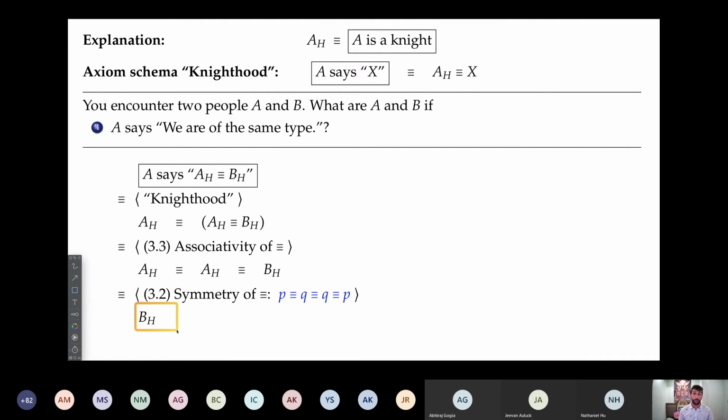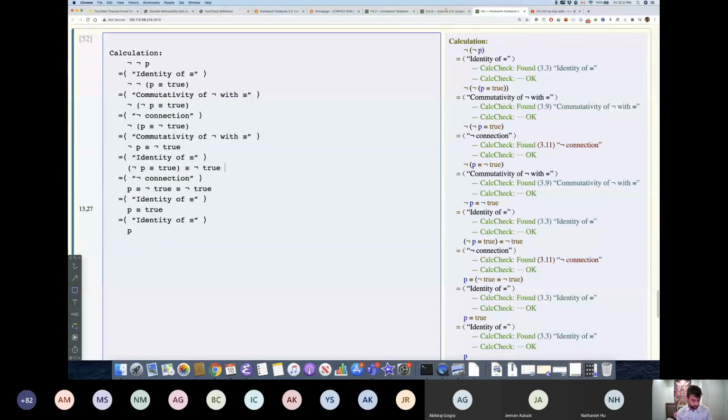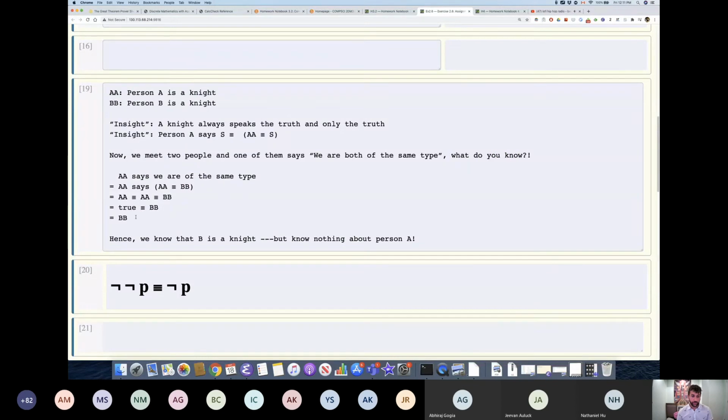Now that means I know that B is a knight. Okay? So I think we did this a moment ago as well. Here maybe? Here? Yeah, and so we ended up with B is a knight. So this is the same calculation we did a moment ago, like at the very beginning of lecture. So we know that B is a knight, and we know nothing about the person A. Okay, next.